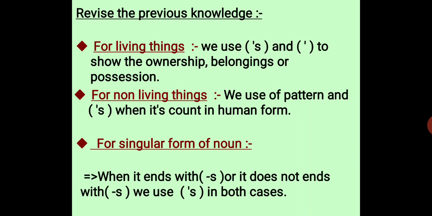Meaning if the noun is in a singular form and it ends with s, and when the noun does not end with s, in both cases we use apostrophe s to show its possession.